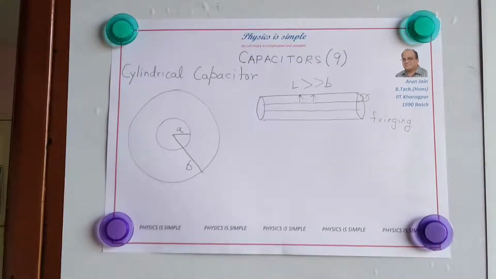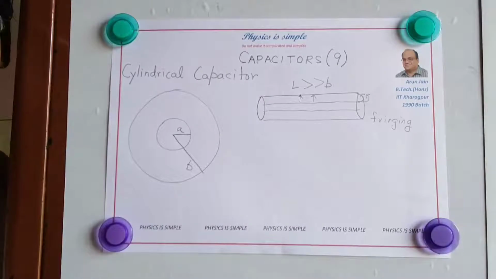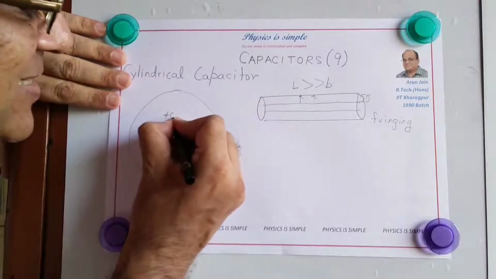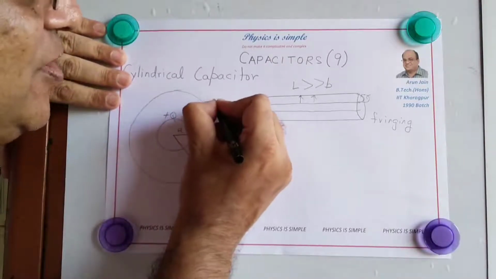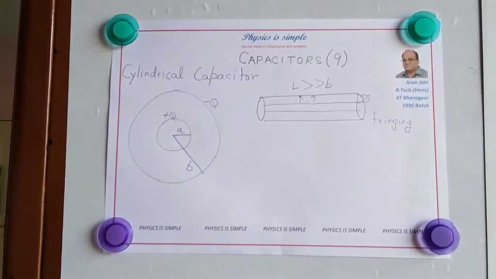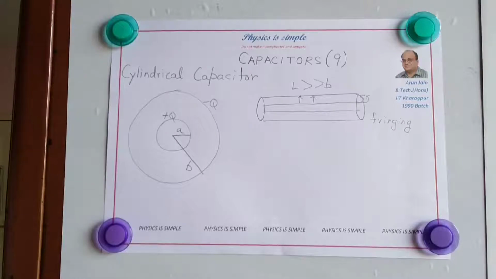Now we want to find capacitance. To find capacitance, there are 4 simple steps. Only 4. First step is we'll put a charge plus Q on one plate and minus Q on the other plate. The capacitor can be of any shape. Even then we call those two as plates.